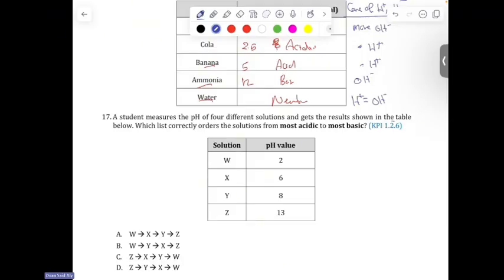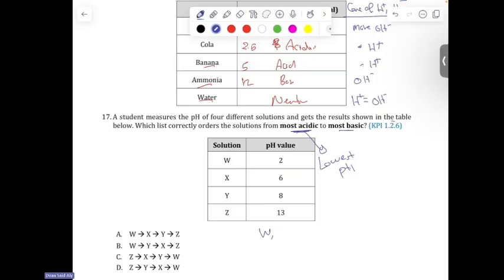Which list correctly orders the solutions from most acidic to most basic? Girls, most acidic means lowest pH. Okay, which one has the lowest pH? It's W. So W is the most acidic.